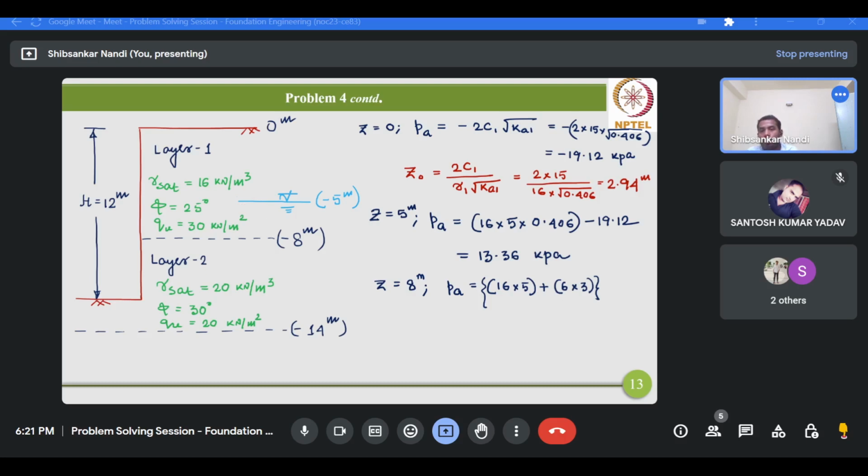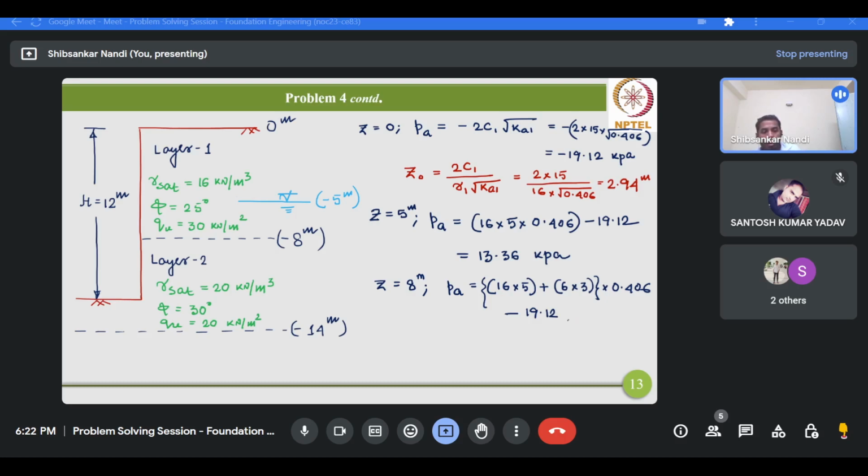The remaining height to reach the interface is 8 minus 5, that is 3 meter, multiplied by the pressure coefficient 0.406 minus 19.1. So what value are you getting? 16 multiplied by 5, that is 80, plus 18, multiplied by 0.406 minus 19.1. I am getting 20.67.